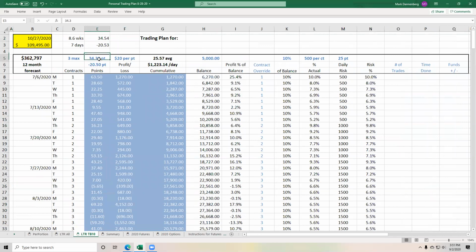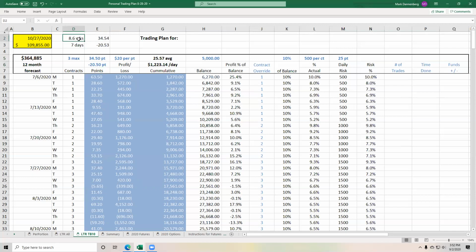We have our plan at 34.3. I'm just going to adjust that to 34.5. It's a small adjustment. And our losing days are averaging 20.5, and we have it planned going forward at 20.5. So right now, these numbers are perfectly synced up with our actual run rate of profit and loss days.